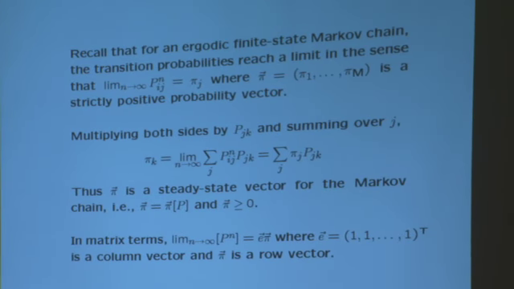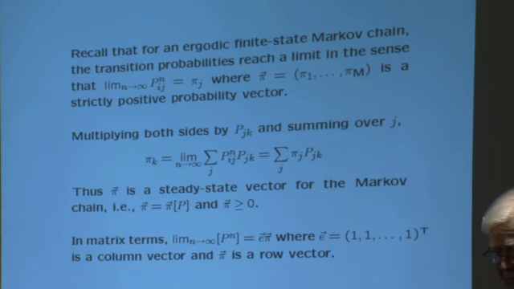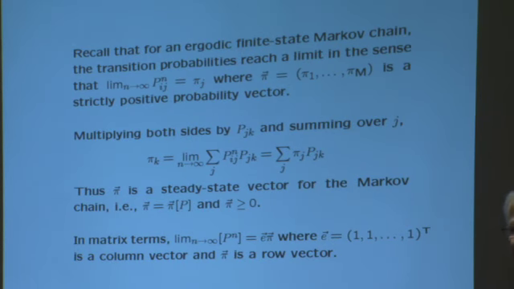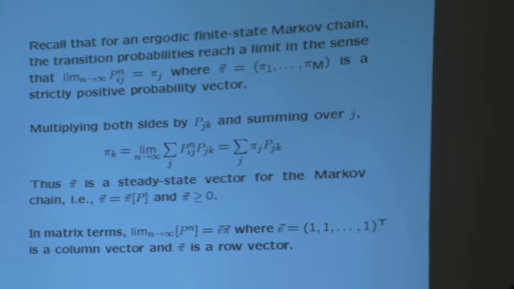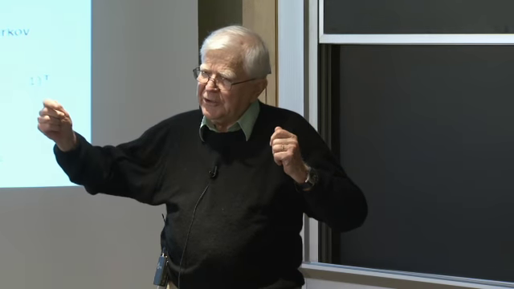An ergodic finite state Markov chain has transition probabilities such that the transition matrix raised to the nth power gives you the transition probabilities of an n-step Markov chain. In other words, you start at time 0, and at time n, you look at what state you're in.